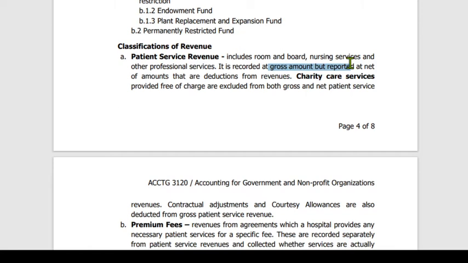However, when it is reported under the financial statements, it is recorded at the net amounts, which incorporates the deductions from the revenues. So let us take a look at the charity care services.